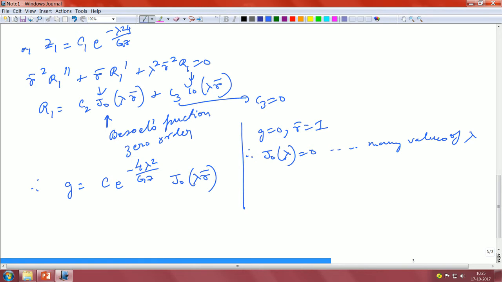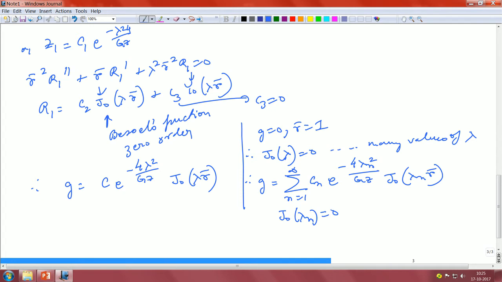Therefore, your G should be the sum from n equal to 1 to infinity of C n exponential of minus 4 lambda n square by Gz, J naught of lambda n into R bar. Got it? And J naught of lambda n is equal to 0.